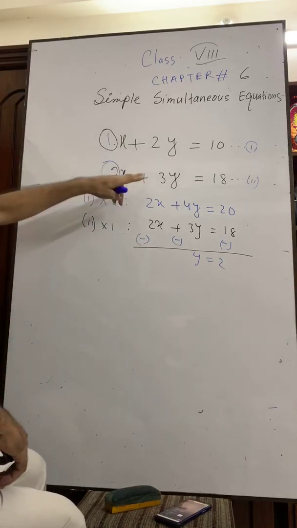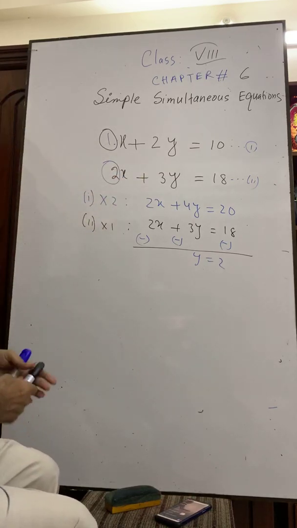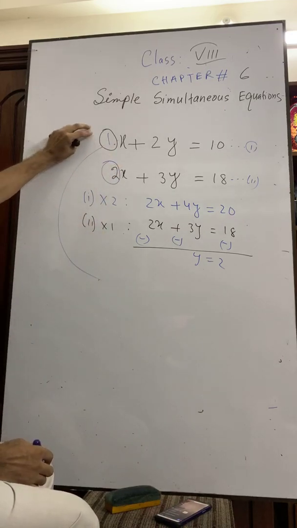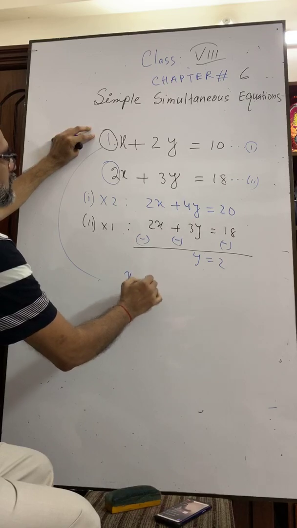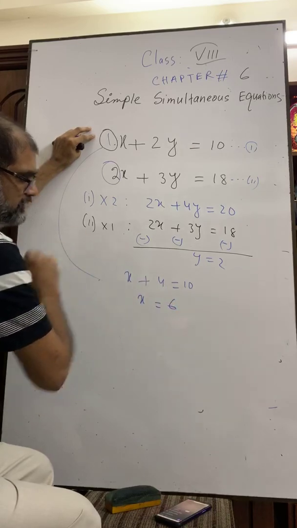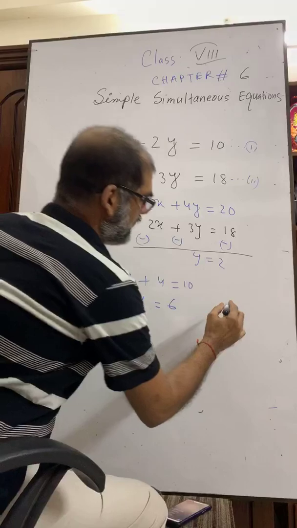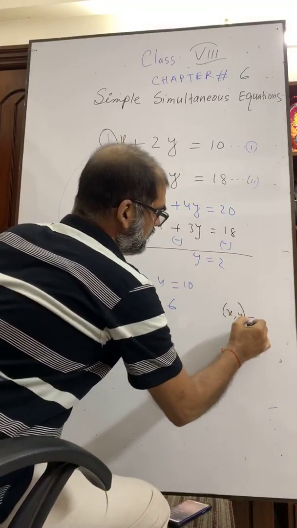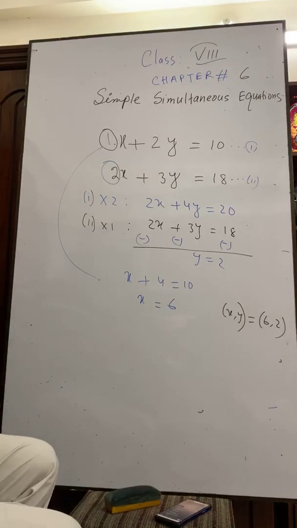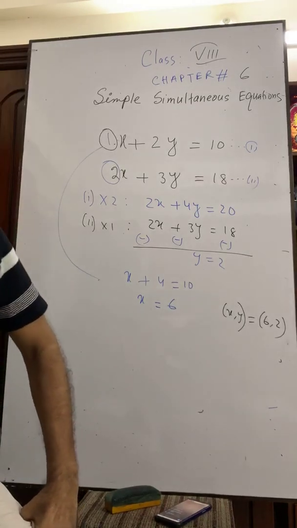Equation 1 will be better: putting y equals 2, we get x plus 4 equals 10, so x equals 6. So x, y is equal to 6, 2. This method is known as the elimination method.